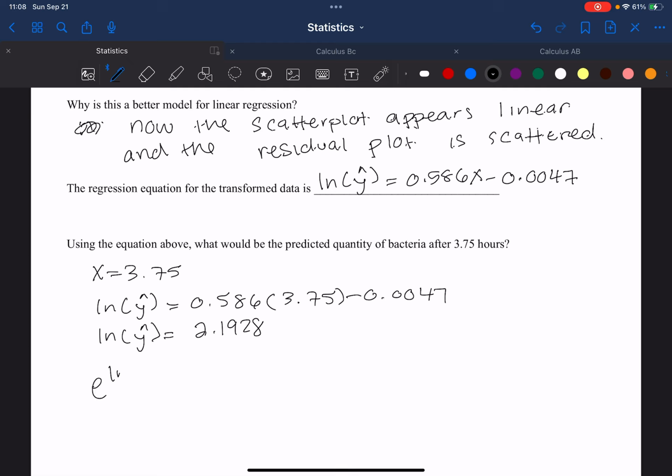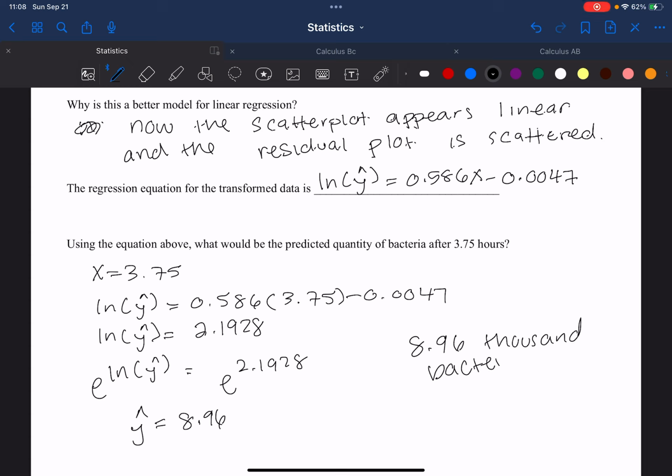So e to the natural log of y hat is equal to e to the 2.1928, which means we have y hat is equal to 8.96. So that means 8.96 thousand bacteria is left after 3.75 hours.